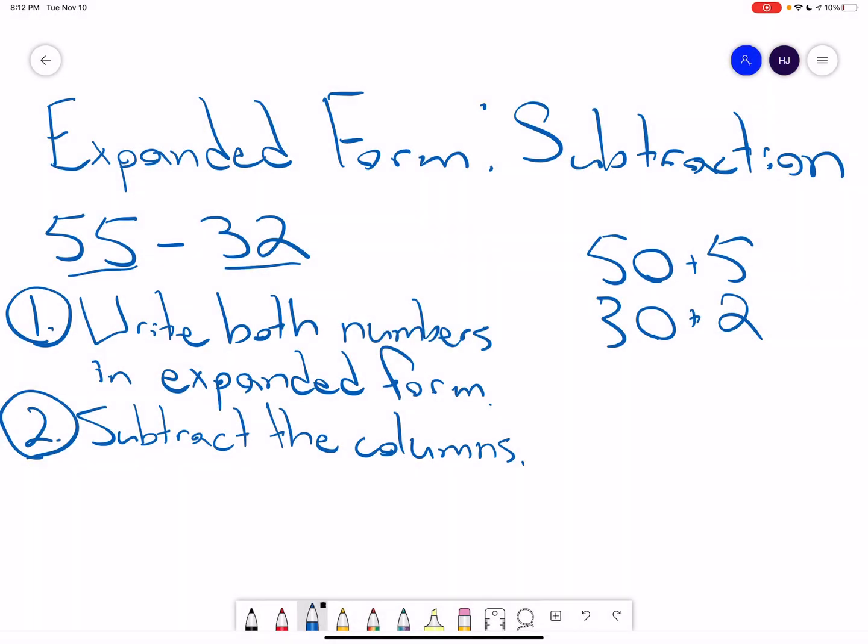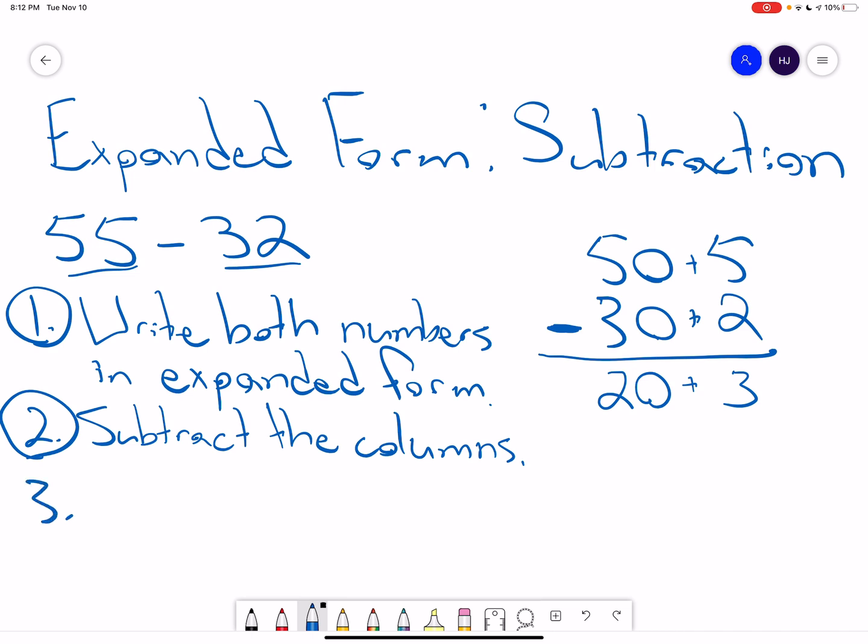So, now, this is important. Remember, this operation on the left, that is the one that we're going to be performing. So 5 take away 2 is 3. And 50, 5 tens, take away 30, 3 tens, is 2 tens, or 20. Notice how my plus sign gets carried down each time.